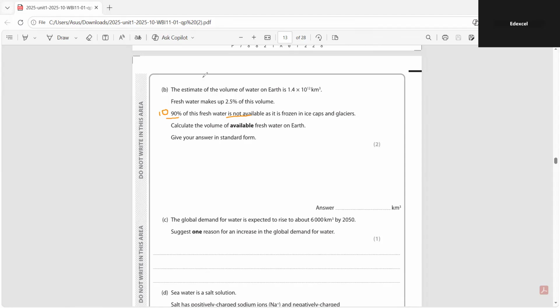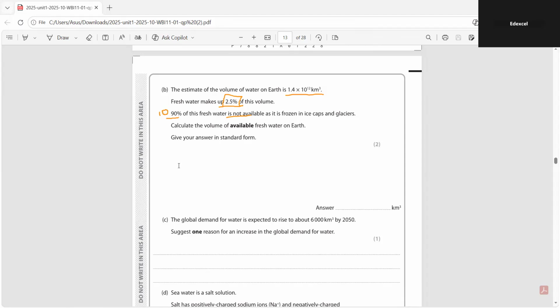And in the total volume of the water, only 2.5% of this volume is fresh water. So the total volume is this, fresh water is 2.5%, and among that 10% is still available. So you have to multiply all those three values, not 90, it should be 10.